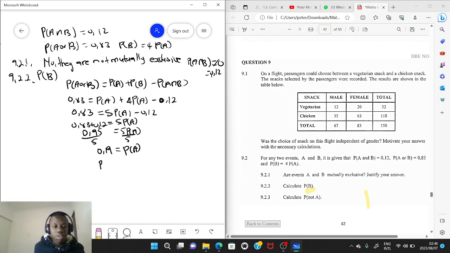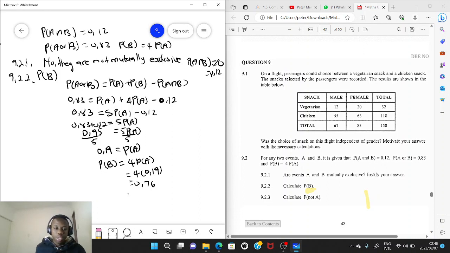Now what is the probability of B? From the statement we were told that the probability of B is 4 times the probability of A. Since the probability of A is 0.19, we substitute 0.19 where we see A. And 4 times 0.19 is 0.76. You see, now we are done with 9.2.2.